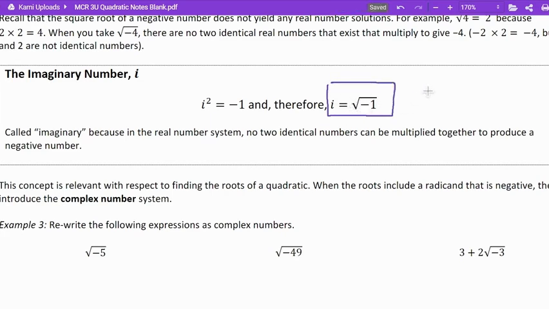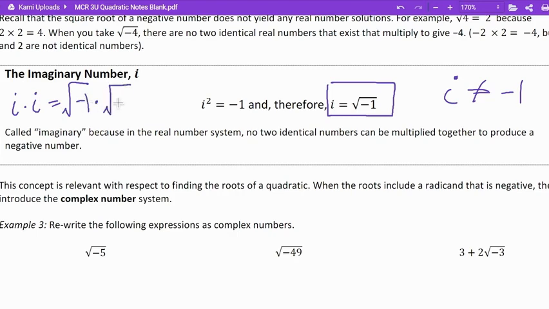Not negative 1, okay? i does not equal negative 1. i equals the square root of negative 1. So that also means that i squared is negative 1, right? Because if I have, okay, watch this. If I have i times i, well, what is i? i is root negative 1.